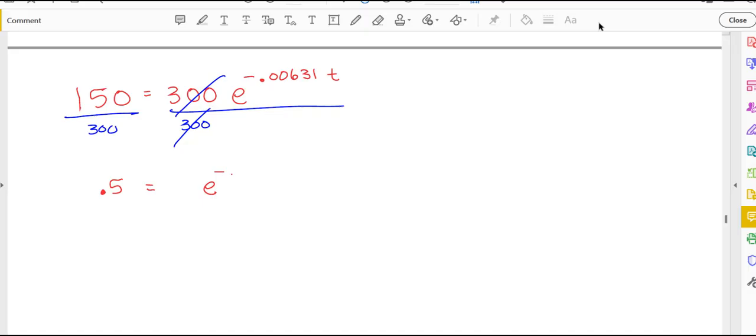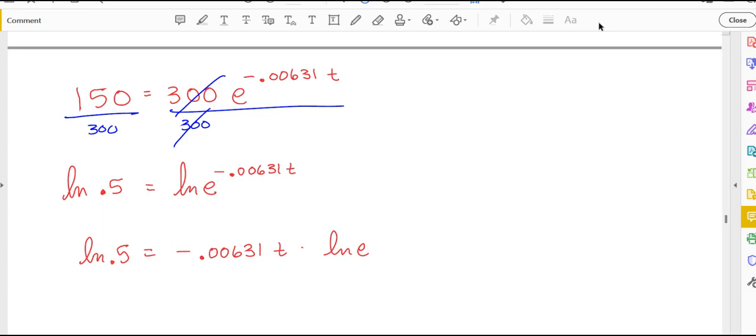How do we get that exponent to walk out front? We take the natural log of both sides. Natural log of 0.5 equals negative 0.00631 t times the natural log of e. But what is the natural log of e? It's just 1, so that goes away.